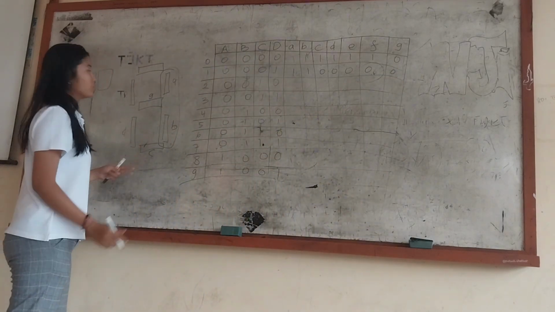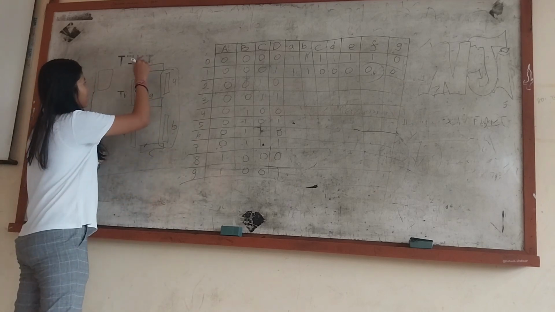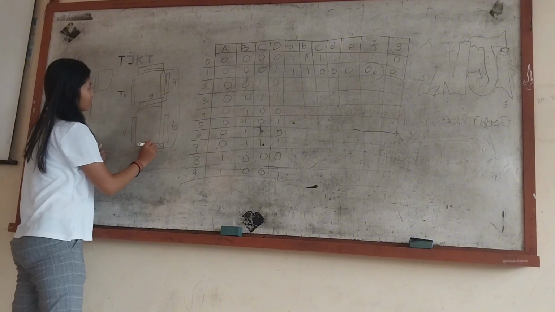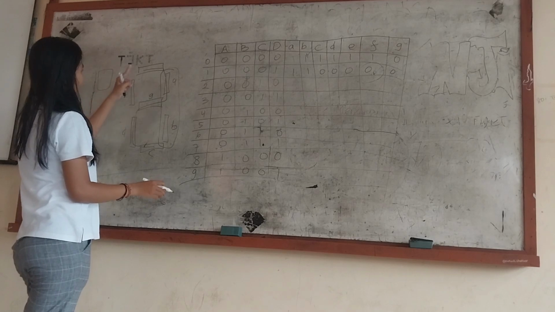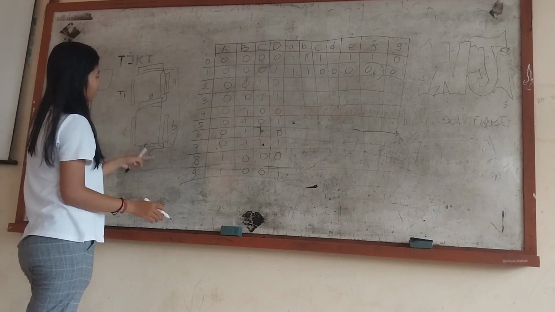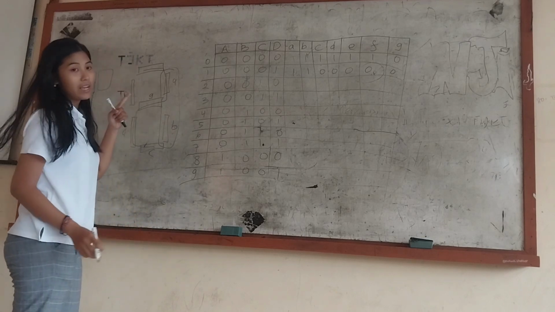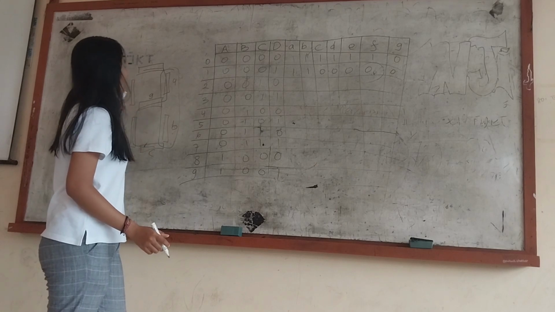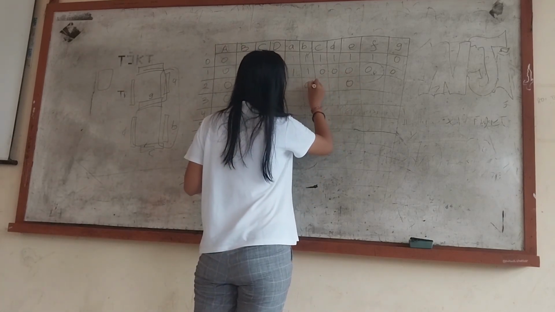How about 2? Same like before, we make 2 like this. So A, G, B, E, and D have value 1, and F and C have 0 value.